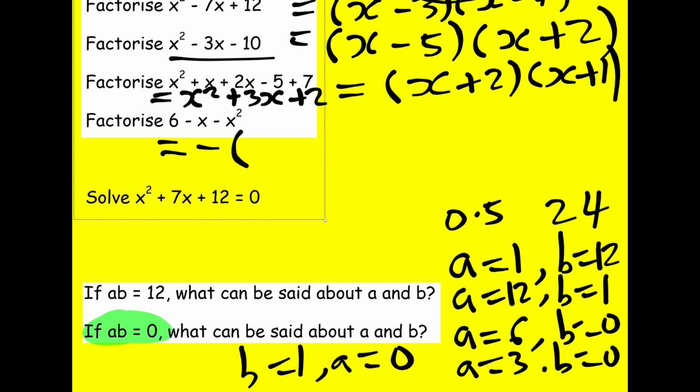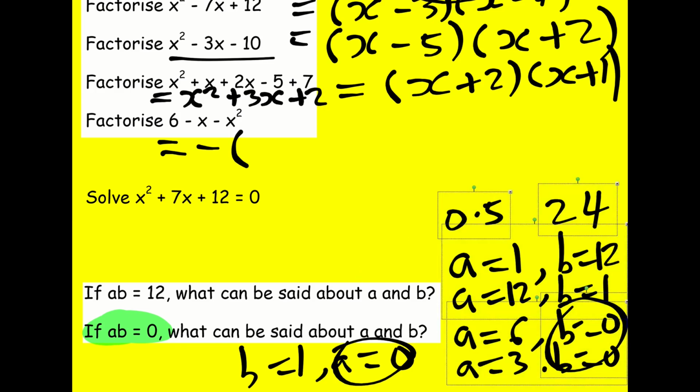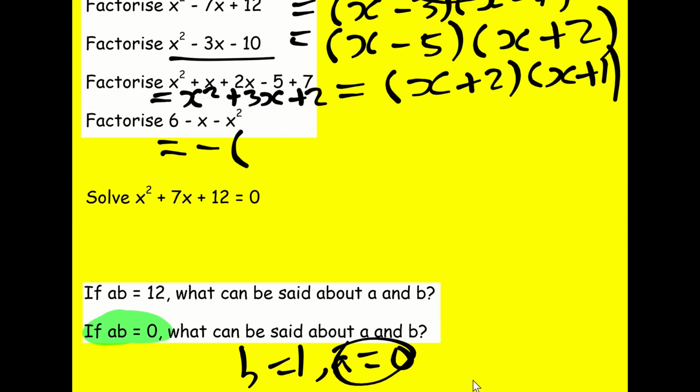In every single case, one of them is going to have to be 0. It could actually be that both of them are 0, so a could be 0 and b is 0, but that would be a way of solving that. So why is that useful? Okay, we're just going to get rid of that. That's just sort of a little thing to think about.